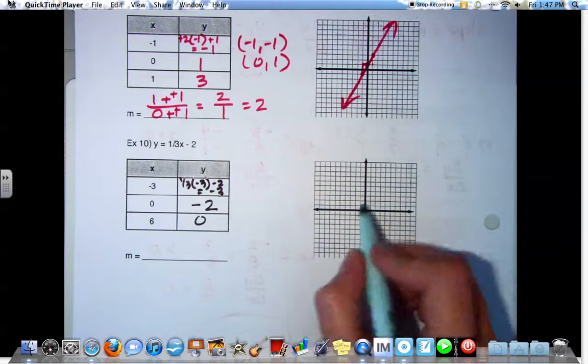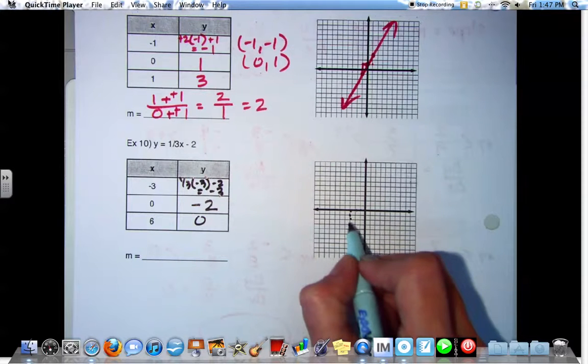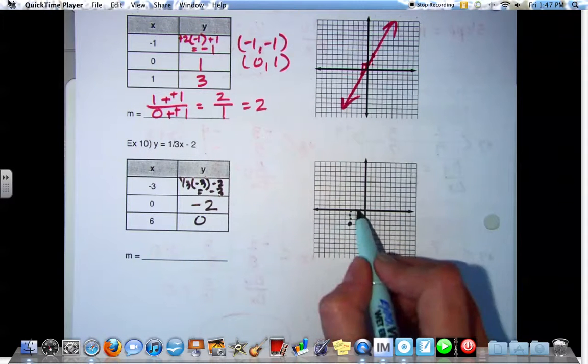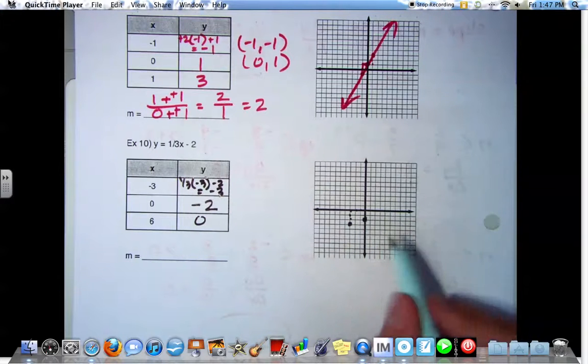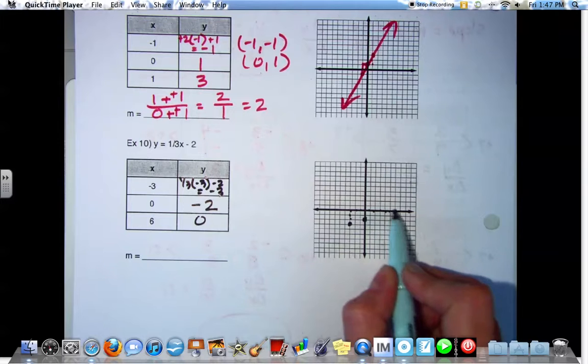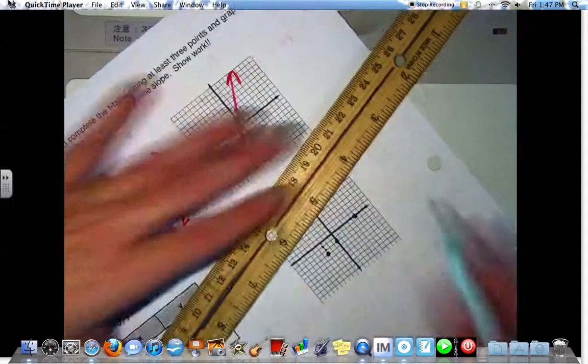So our points are negative 3 and negative 3, 0 and negative 2, and 6 and 0. Do you have a straight line? Yes. Okay.